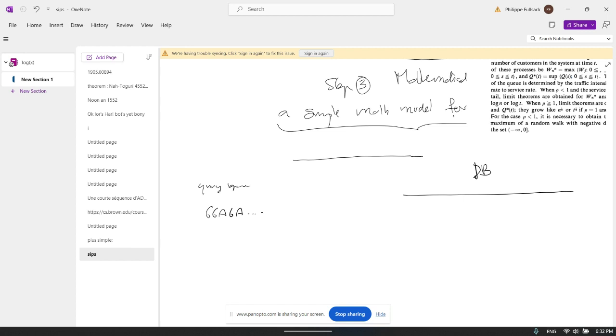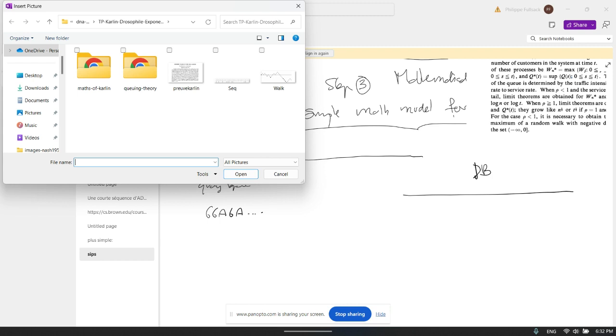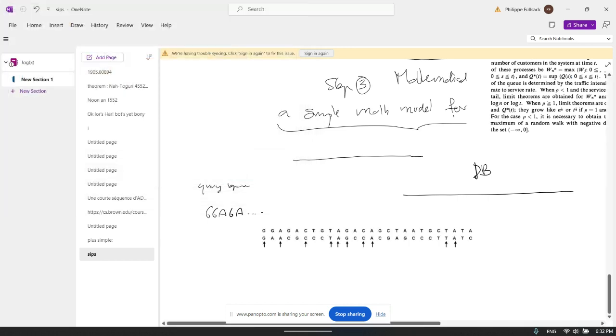Actually, let me pull up a file here. You can look at this sequence.